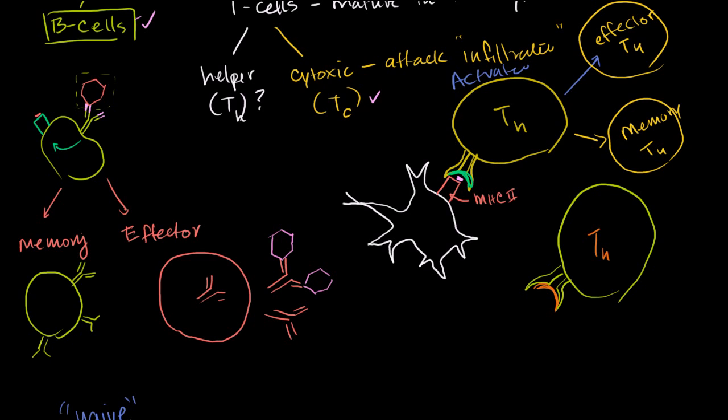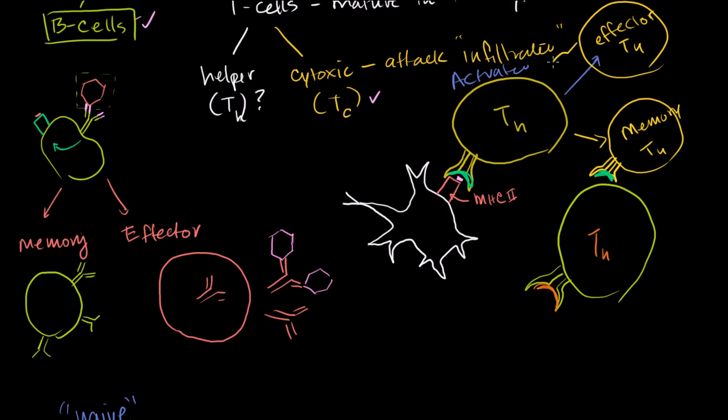Now the memory T cells, just like memory B cells, now you have more copies of this. So in 10 years in the future, if something like this happens, this interaction is going to be more likely to happen. These guys have the same T cell receptor as their parent. Actually, all of these guys do.